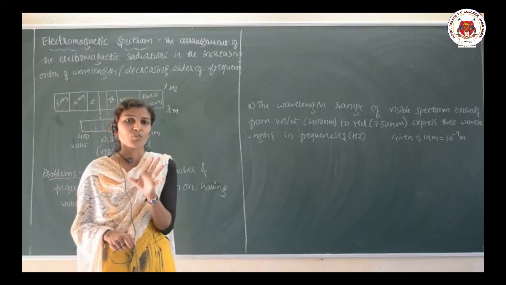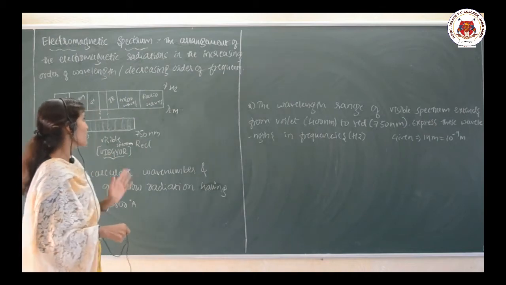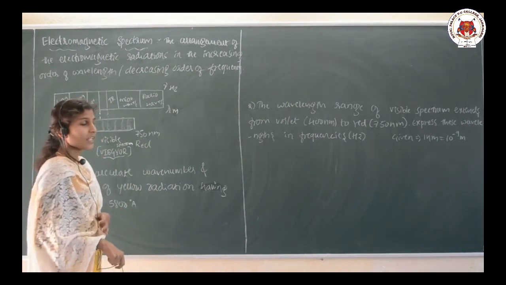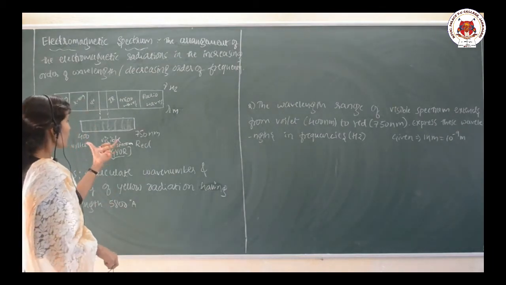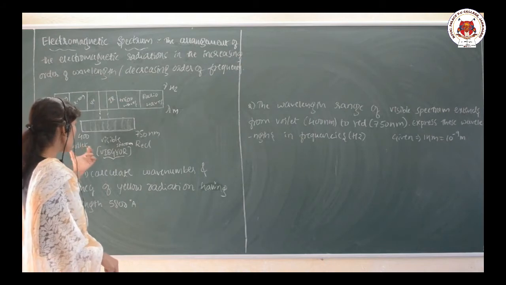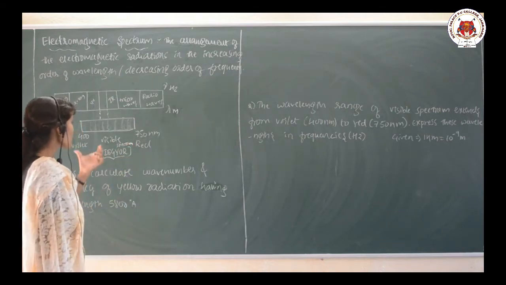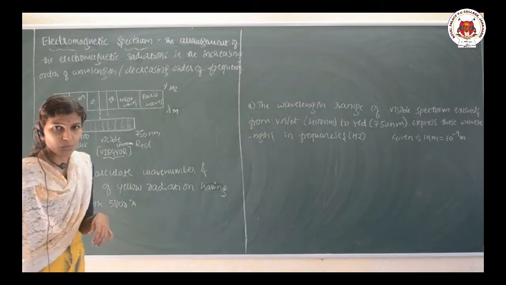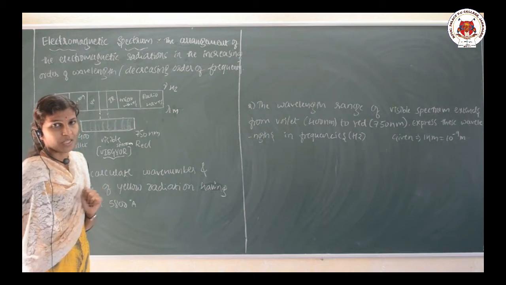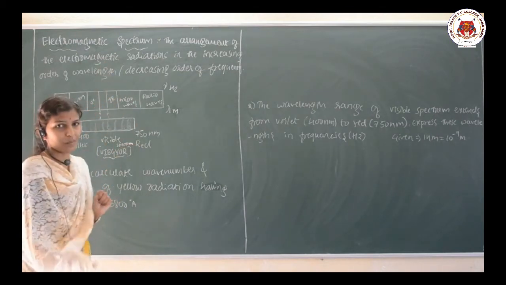It consists of a variety of radiations like gamma rays, X-rays, UV, visible, IR, microwaves, radio waves, etc. The visible spectrum consists of VIBGYOR, it starts with violet and ends with red, and it is the smallest portion in the entire electromagnetic spectrum. Clear? So, this is regarding the electromagnetic spectrum.